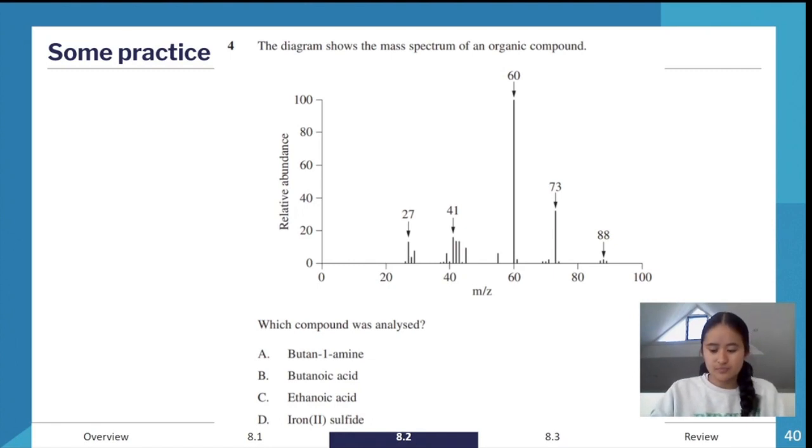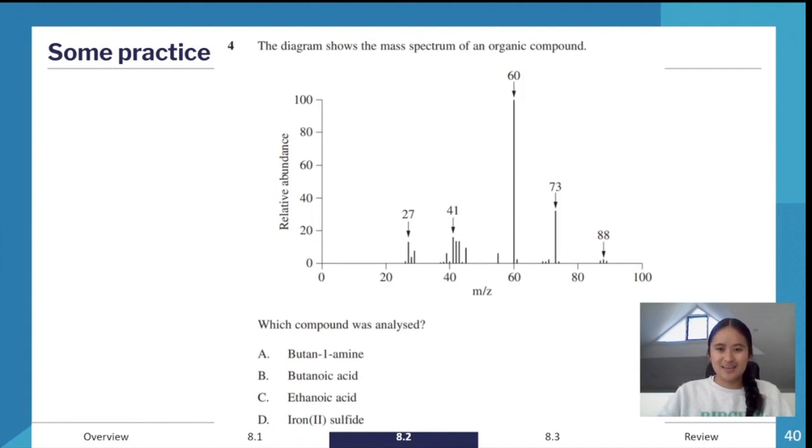If we go to our calculator and do a little bit of maths, you'll find out what all of those fragments mean.